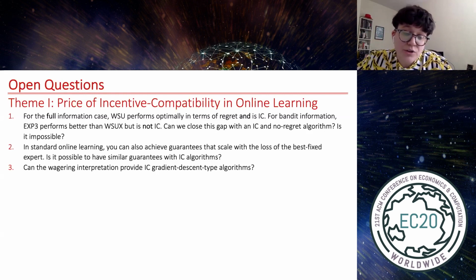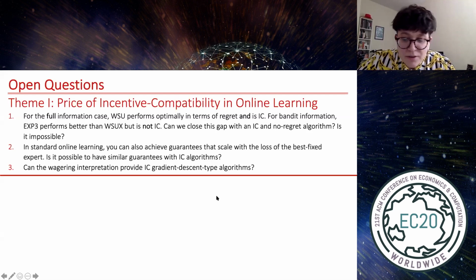And another question that I'm super interested in figuring out is whether the wagering interpretation can help you build incentive compatible gradient descent type of algorithms. As I told you, we can definitely create manipulations for gradient descent, but so far we have no way of creating incentive compatible algorithms.